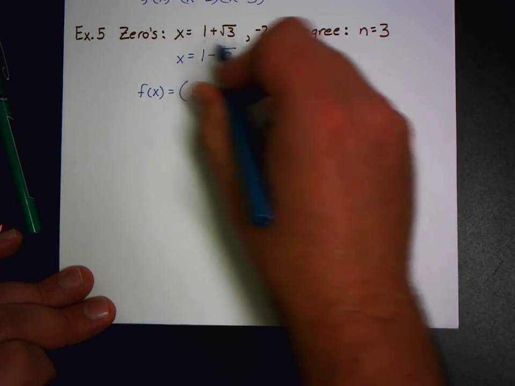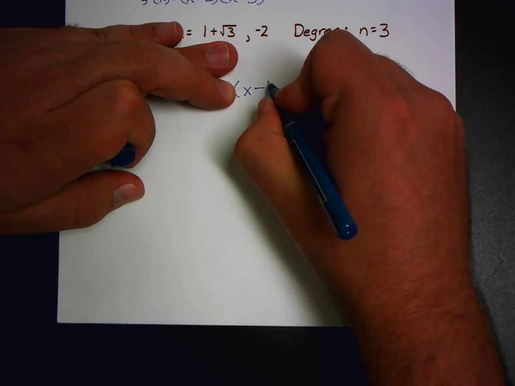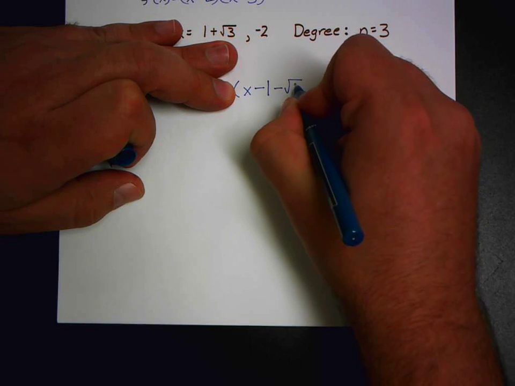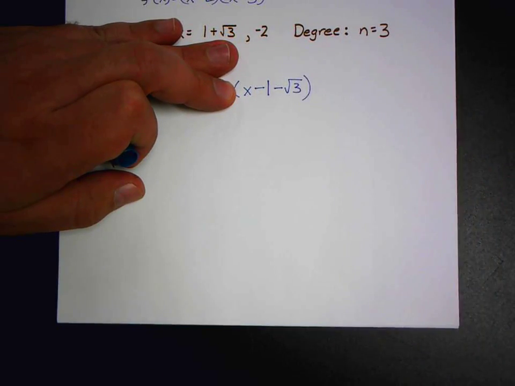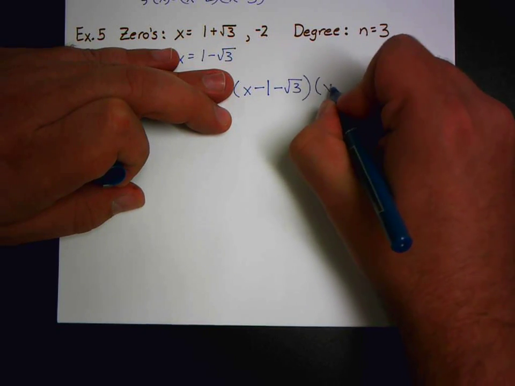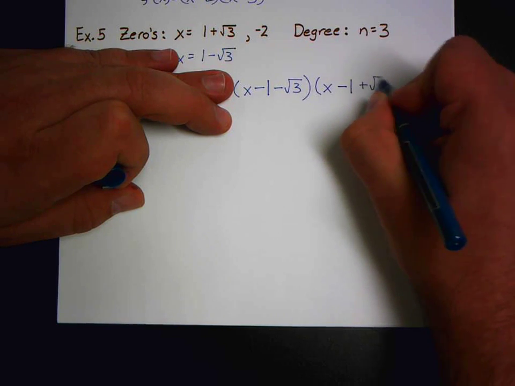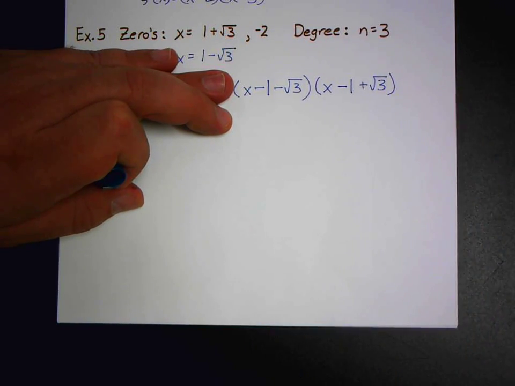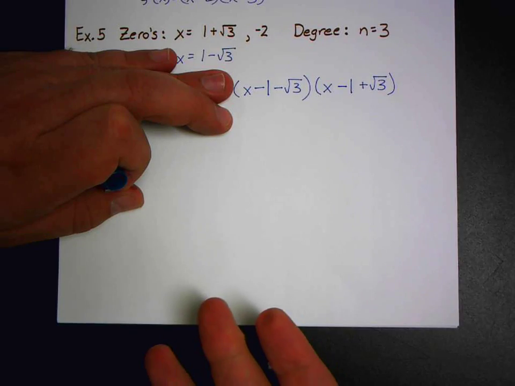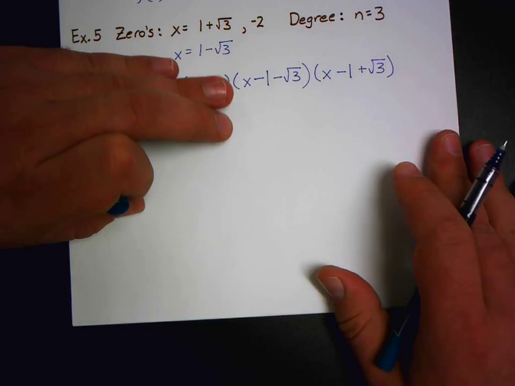So I have x minus this. If I subtract that, that would become minus 1 minus square root of 3. If I subtract this, that would be minus 1 plus square root of 3. So just remember, wherever you put them in your factors, you have to subtract them. So just subtract them and do your math how you need to.